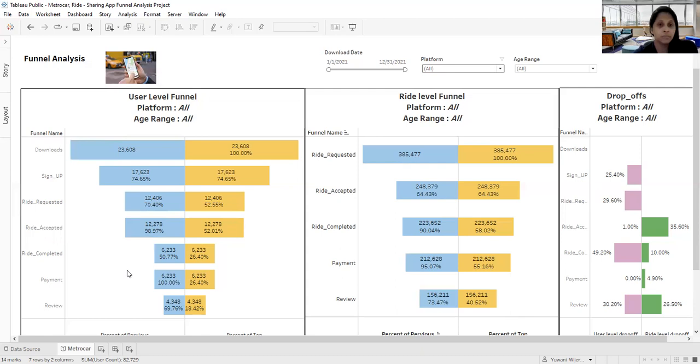Another important and crucial stage is ride completed. As you can see, the conversion rate is very low, and there is a significantly higher drop-off point, around 50%. So the assumption would be higher waiting times between the ride request and the ride accepted times.